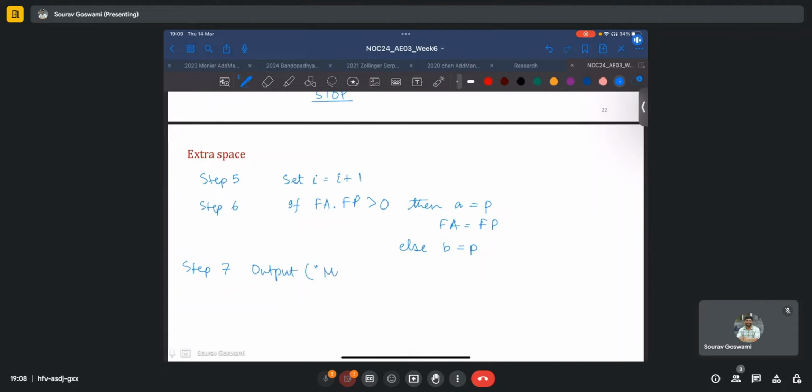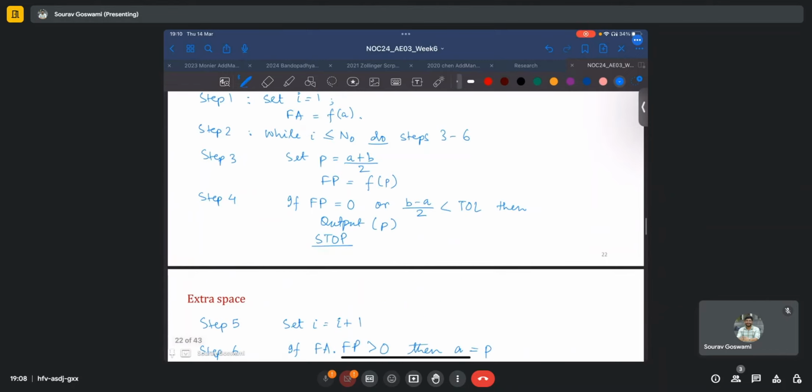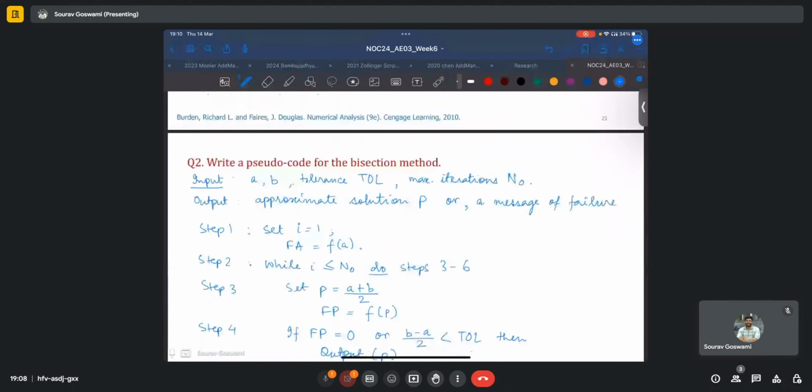It can be something as simple as "method failed after n not iterations", where we can also show what n not was, even though it is already a user input or maybe hard coded, and then we put a stop message again. So this is a pseudocode which can be implemented in any particular programming language.